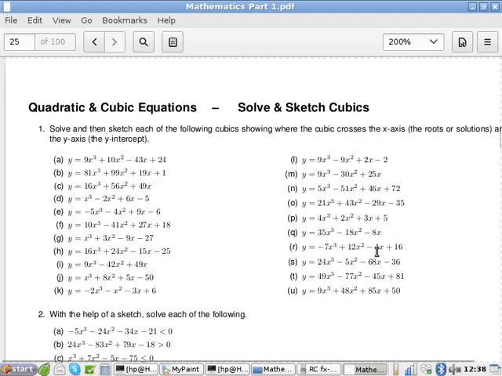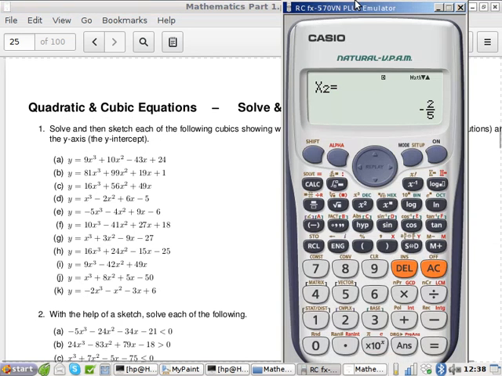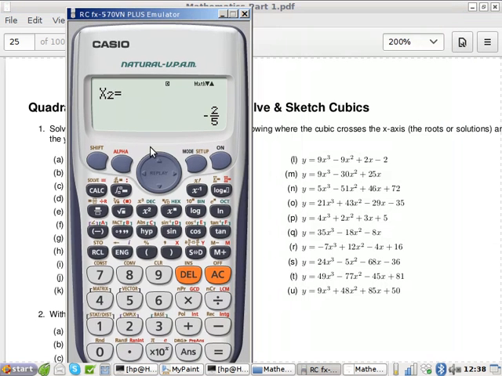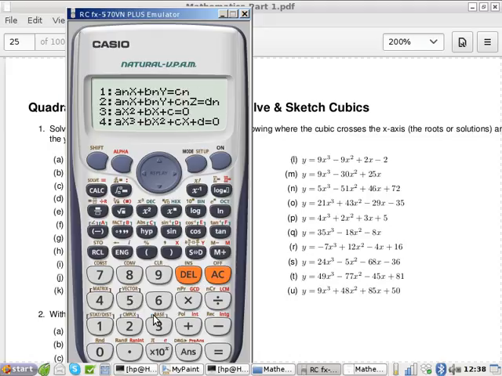Mode 54. Now you know in the exam, well actually no, clear that, I'll show you something else. You know in the exam you're supposed to try different values until you get a root. We have a mode here, mode 7.